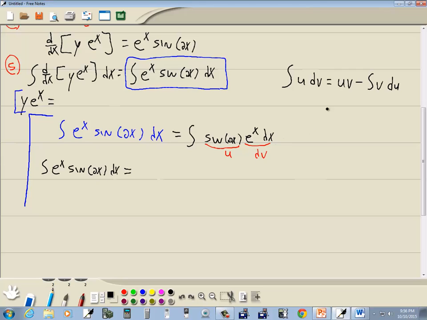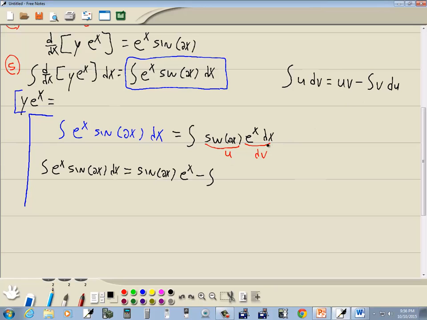Okay. And I need u. Well, u was sine 2x. So I'm going to go ahead and put that there. Sine 2x. I also need v. V is the integral of e to the x dx. Well, the integral of e to the x dx is e to the x. Okay. And then minus the integral of v.